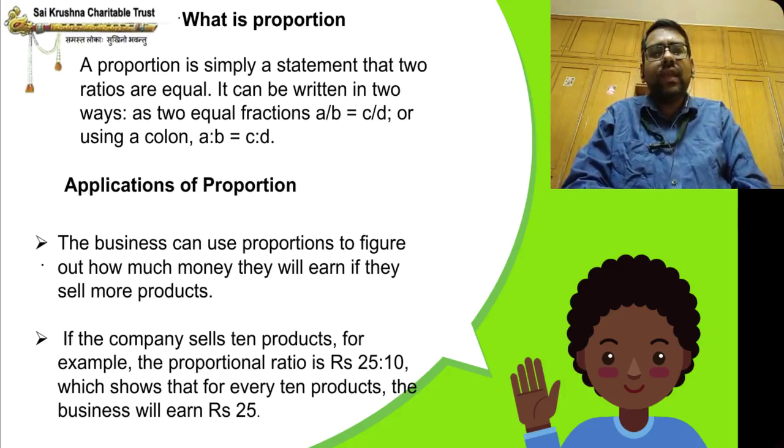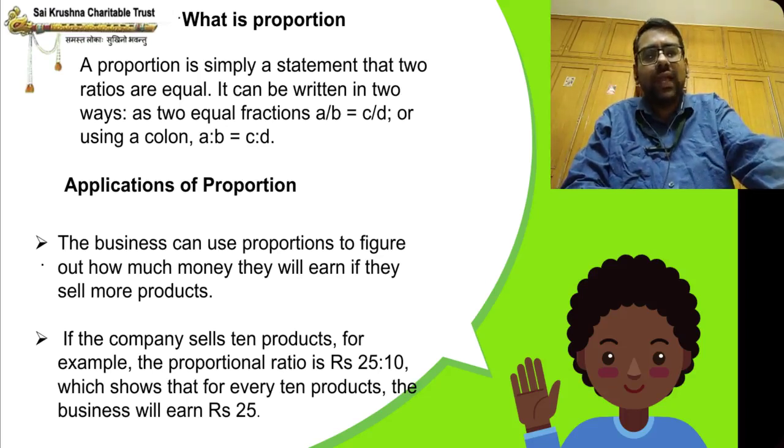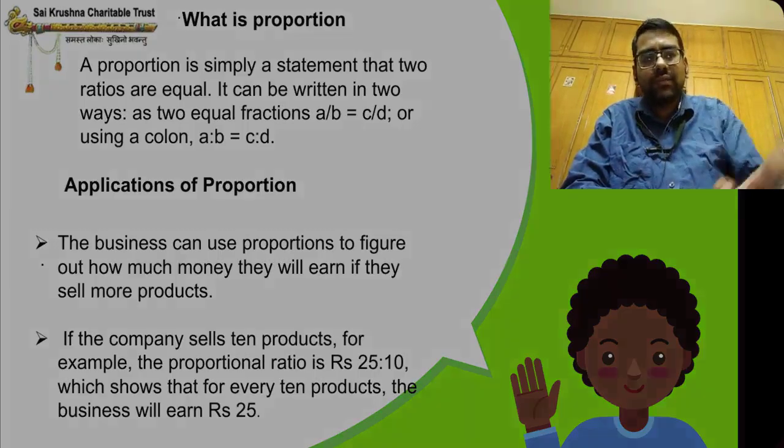For example, suppose the proportion ratio is rupees 25 is to 10, which shows that for every 10 products, the business will earn rupees 25. That is 25 is to 10. This is the application of proportion.